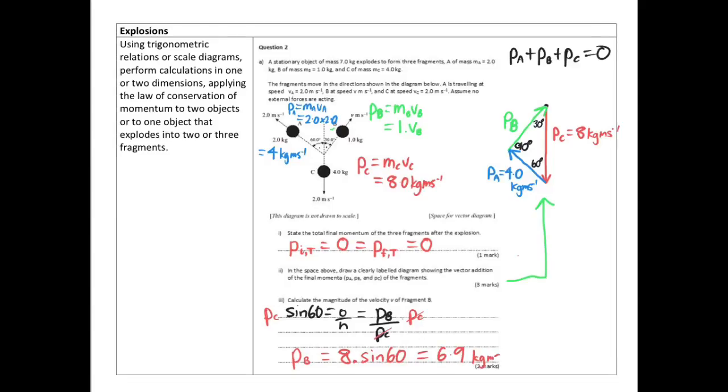kilograms meters per second. Now that's its momentum. We know that momentum equals mass times velocity. So we want to know the velocity of B. So we divide that by the mass of B. Velocity of B equals the momentum of B divided by the mass.